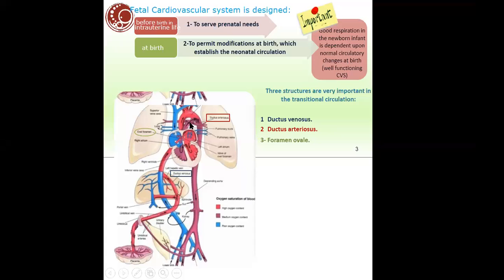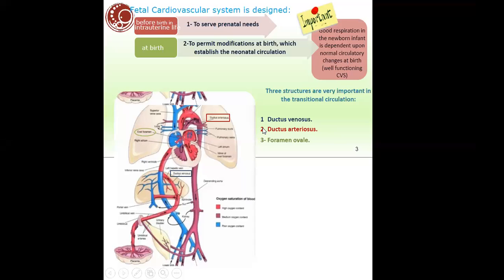And thus it will bypass the pulmonary trunk. And this one is the ductus arteriosus, which carries the maximum blood to the descending aorta. This is the descending aorta.